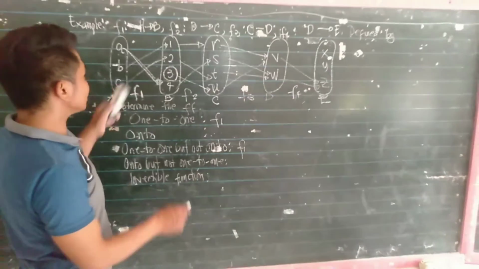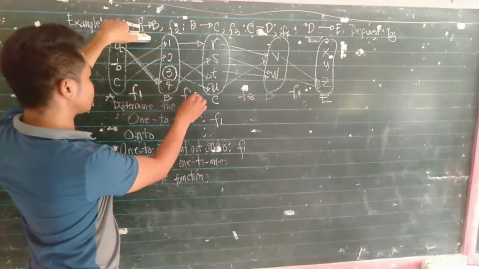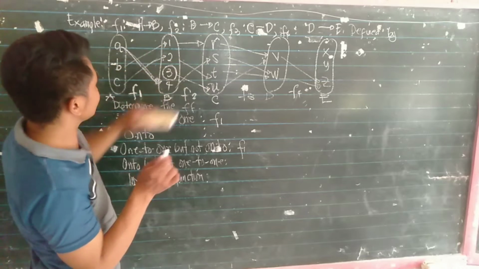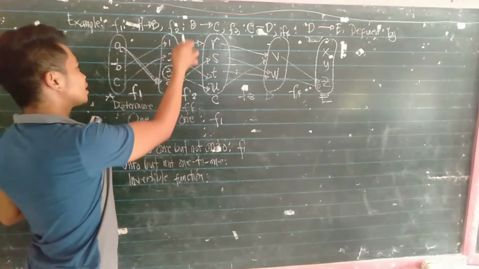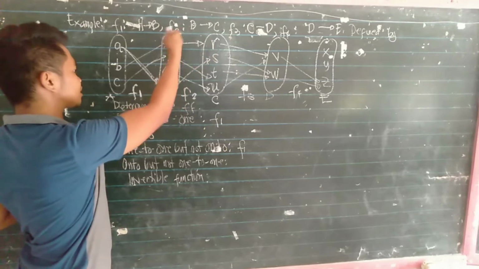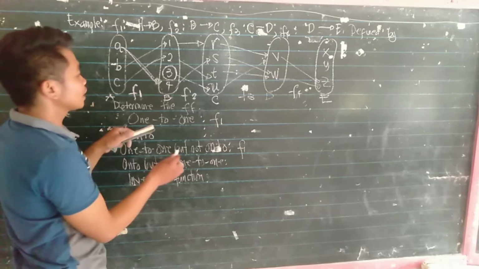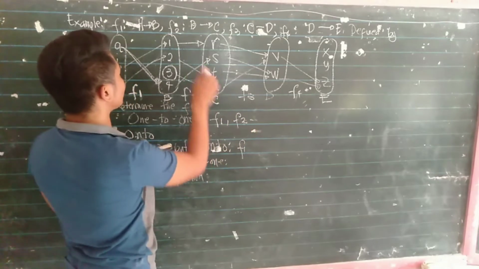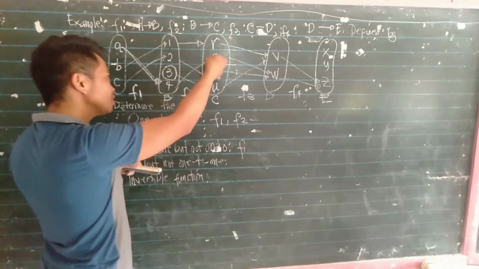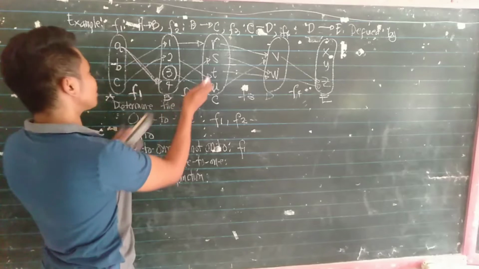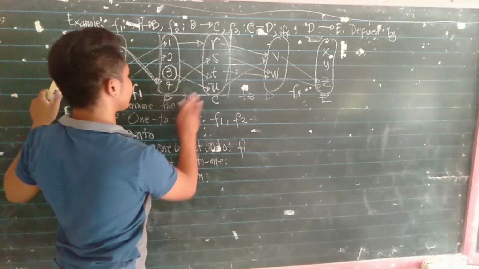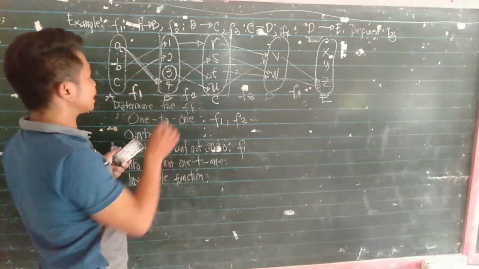So next we're going to proceed with f sub 2. We have here 1, 2, 3, 4, R, S, T, and U. Now look, we have 1 and it is connected to a distinct image. So this function is a one-to-one function because all elements in here have distinct images. Now, let's have another look.